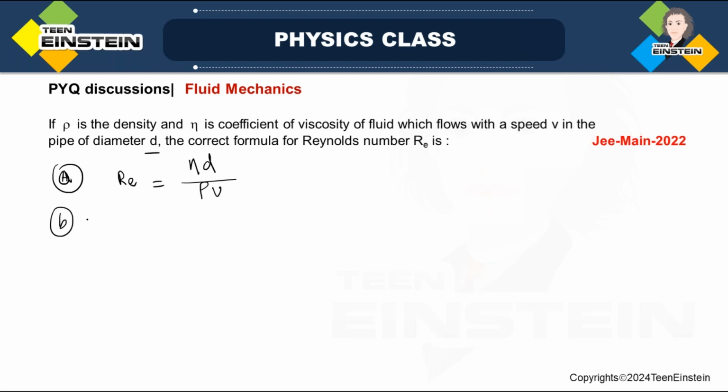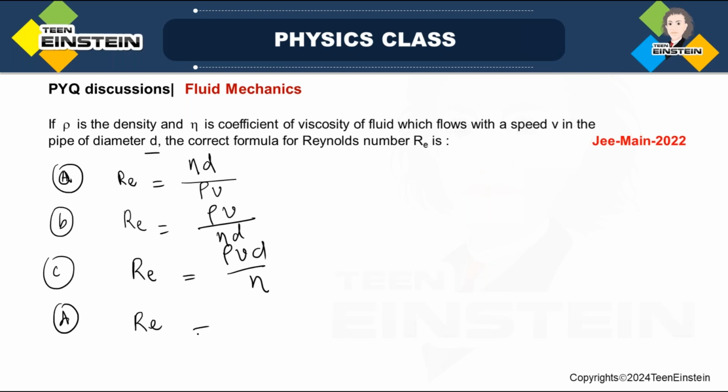Option B says it is rho v by eta d. Option C says it is rho v d by eta, and option D says it is eta by rho v d. Okay, so which one is the correct option?